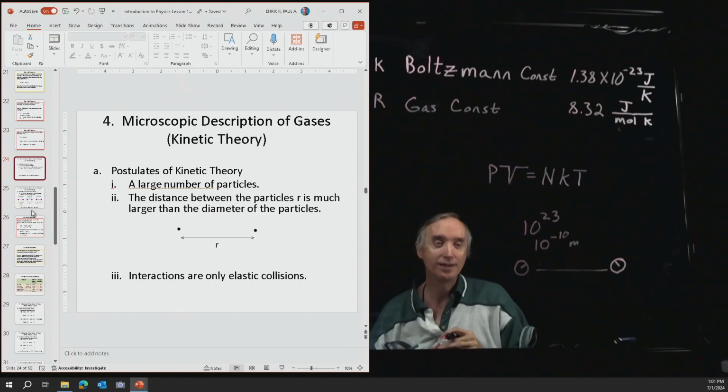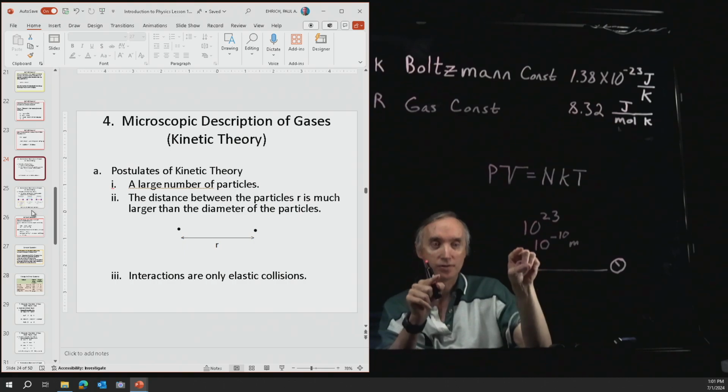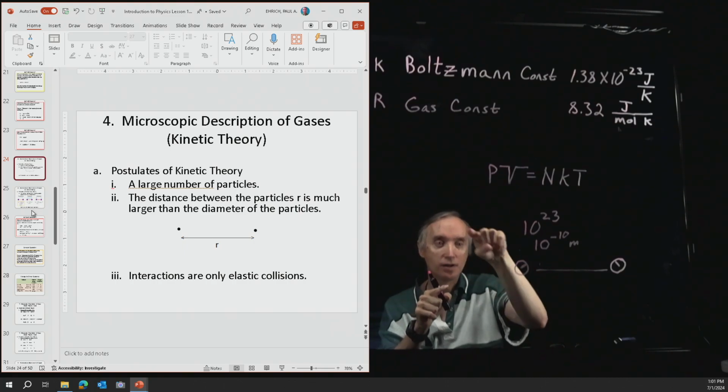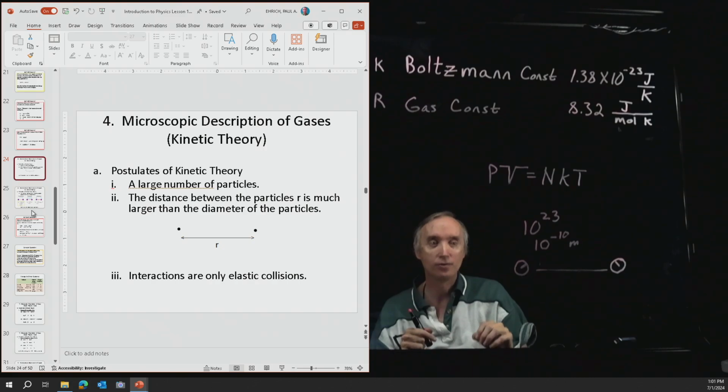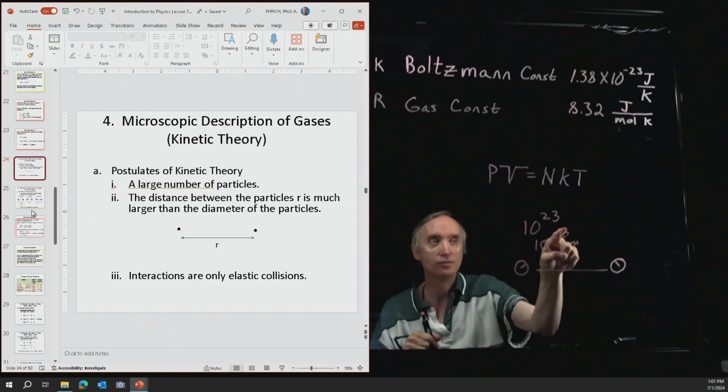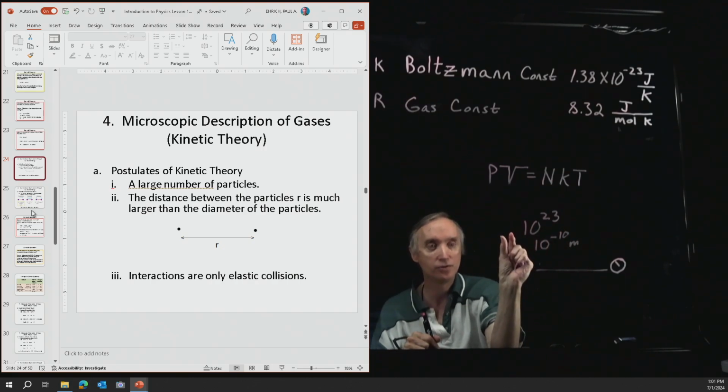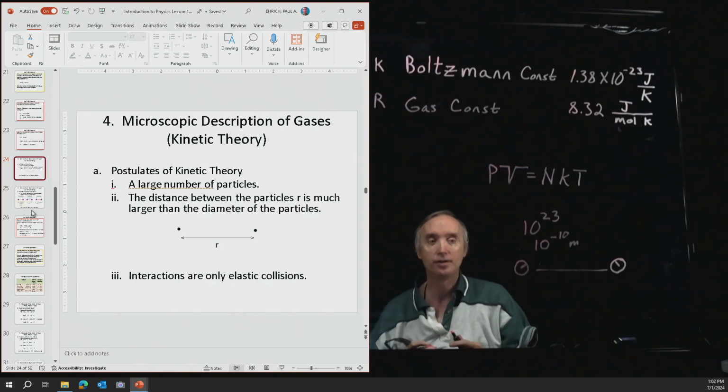That's something like centimeters, so the air molecules are separated by a distance of a few centimeters in the room, and the atomic size is very small in comparison to a centimeter. Therefore, postulate number two is necessary when we're talking about kinetic theory.